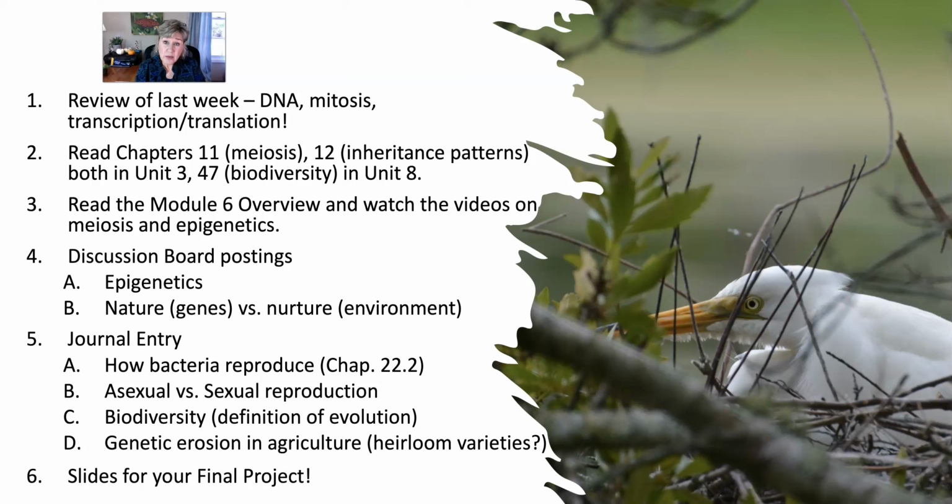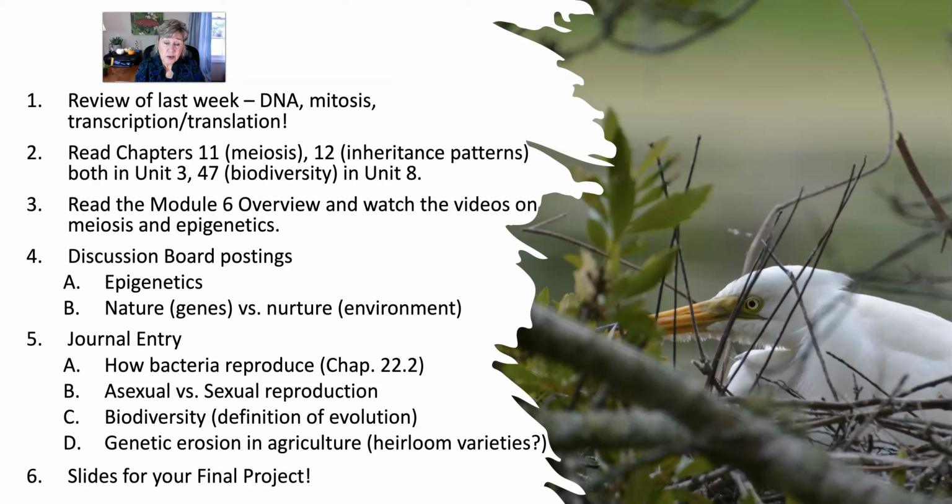We also looked at cancer and how cancer develops and what causes cancer, proto-oncogenes, tumor suppressor genes. And we had really great discussions about that, environmental causes of cancer, environmental risk factors, and how you can change your lifestyle to minimize your cancer risk. So we looked at all of that last week.